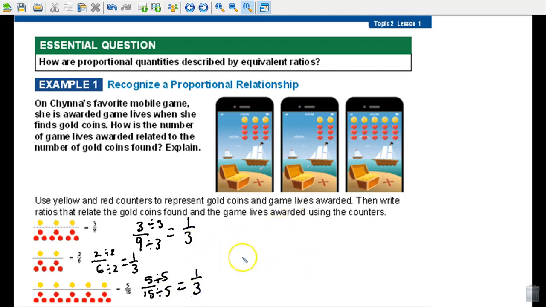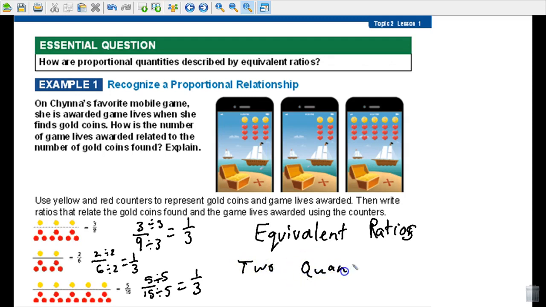Class, the fact that all of these ratios break down to the same simplification, 1/3, means that, one, they are all equivalent ratios, and two, that the two quantities are proportional.